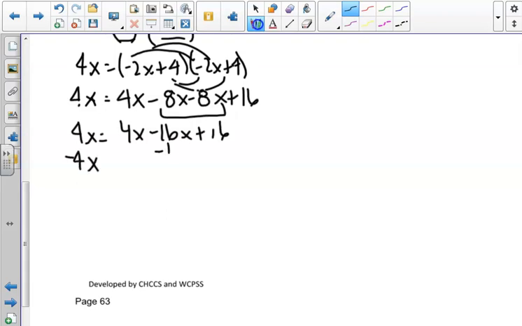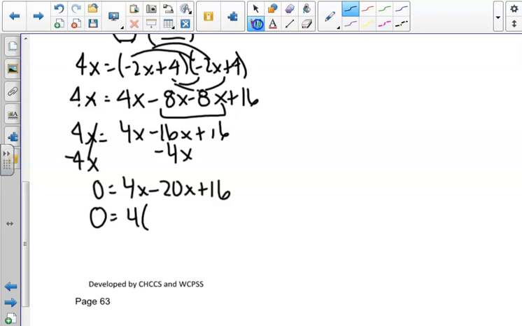Bringing the 4x to the other side, to get 0 on one side, we will get 4x squared minus 20x plus 16. We do have a GCF here, so we'll take out the 4. Sorry, that should be an x squared, because an x times an x is an x squared. We will have x squared minus 5x plus 4.